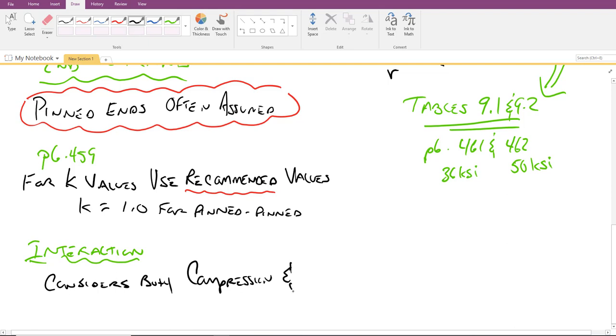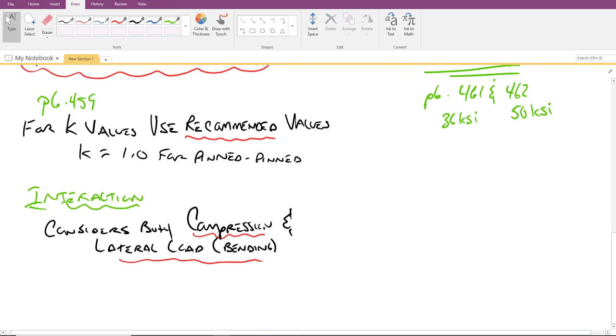However, if there's any sort of lateral load acting on the structure, a wind load, something like that, or if we have an eccentric load that is offset causing some sort of bending within the column, then we would have to account for both the compression and the bending scenario that is caused.